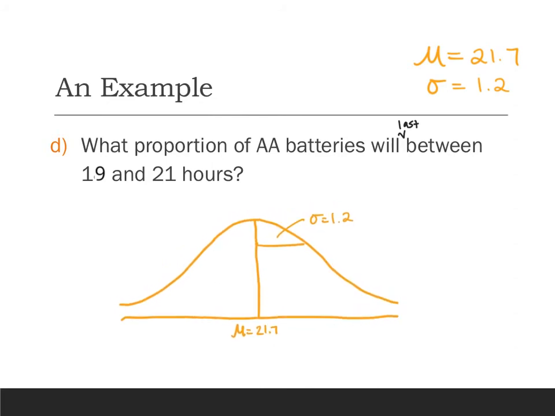And we'll mark 19 and 21. So again, 21 doesn't have to be right up next to the mean, even though it probably is. 19 might be right in there somewhere. And of course, we just want to mark what are we looking for? Well, we're looking for the shaded region between.